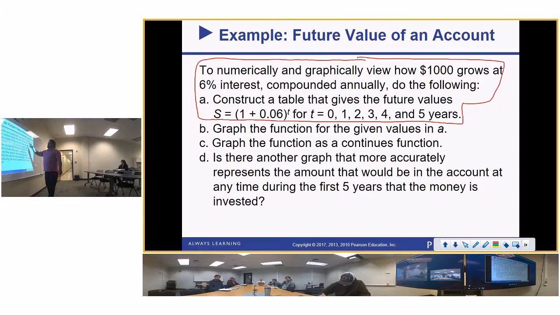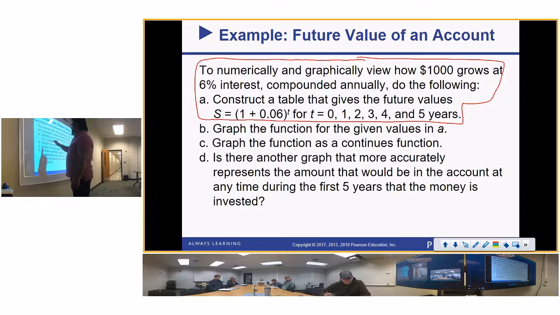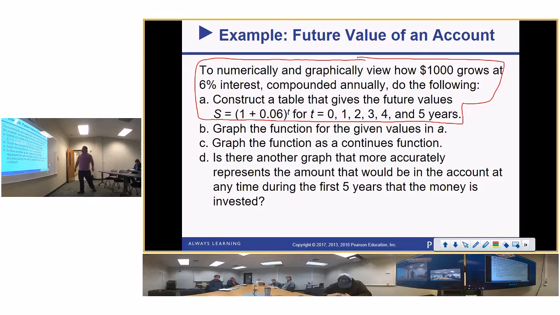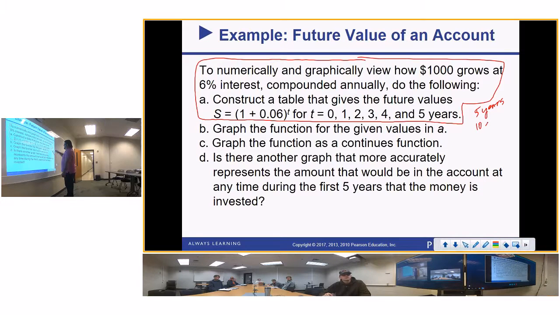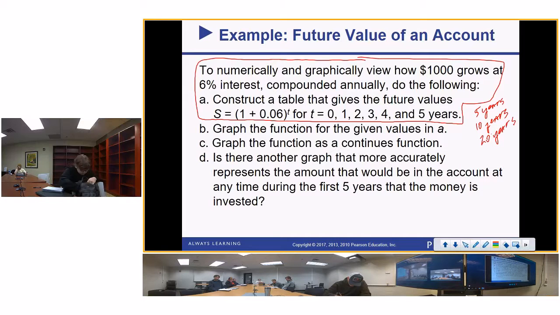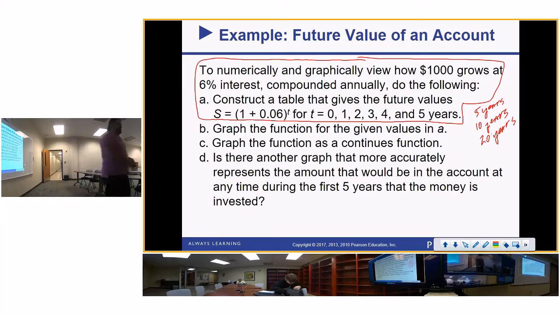You would put the 1,000 right here in front of it. And make sure you can do it on your table. Make sure you can find 5 years, 10 years, 20 years, and so on. So there's one problem that I'll ask you on the test.